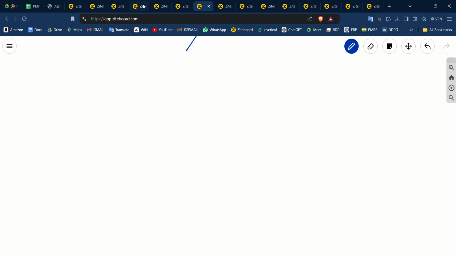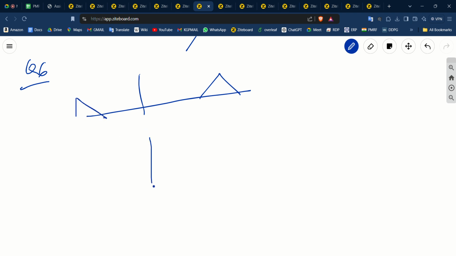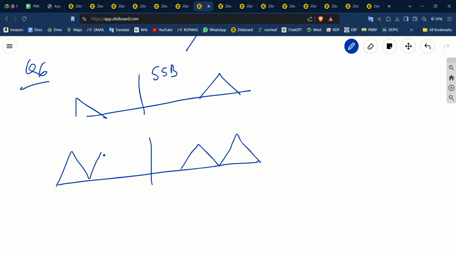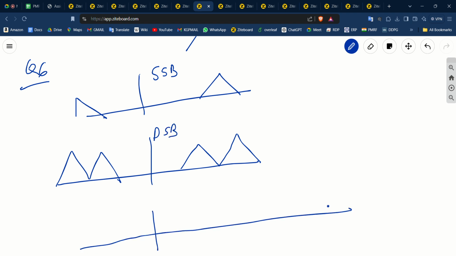So here we have single sideband. Single sideband is something like this, SSB, and DSB is something like this. So what is vestigial sideband? In vestigial sideband, we don't take the whole double sideband, but we don't take only one band either.